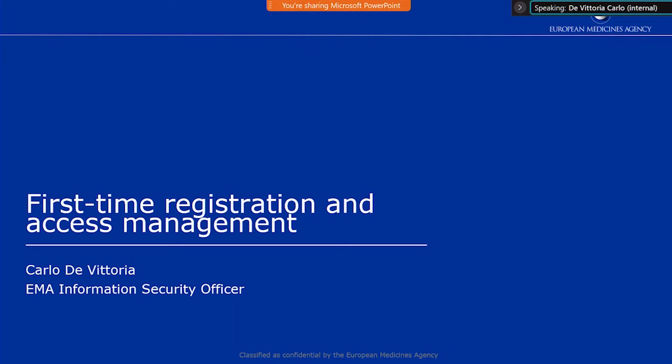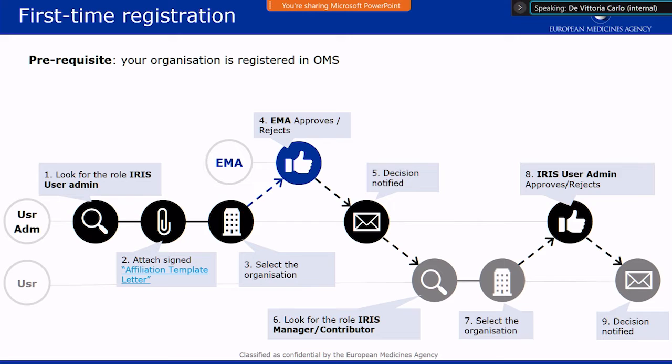Thank you. So, as Esther said, my name is Carlo De Vittoria. I work in the Information Security Office. My role is mainly to look after the identity and access management part. So this is the high-level flow that you will need to follow in IRIS, in the EMA account management platform, the first time you register.